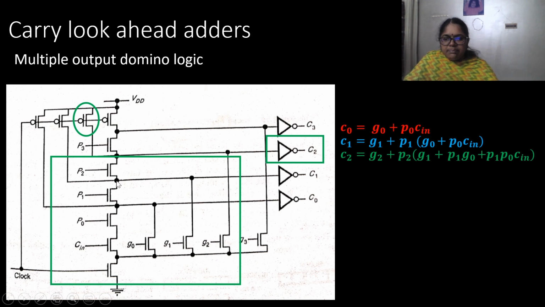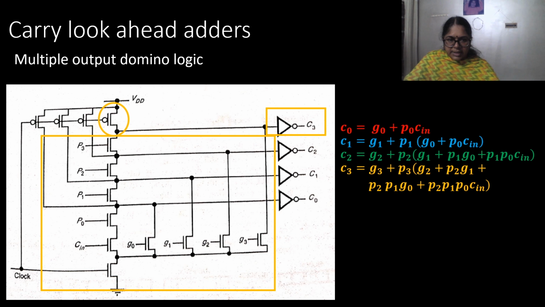Next we have P2 in series with C1 and then G2 in parallel to that circuitry, so that we have C2 is equal to G2 plus P2 into C1, and at this particular point we get the complement of C2, and once it is passed through the NOT gate we'll get C2. Similarly, we get C3 where P3 is in series with C2 and G3 is parallel to that path. So we get C3 is equal to G3 plus P3 into C2.